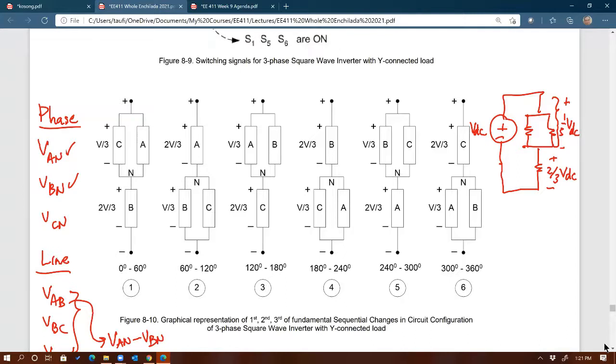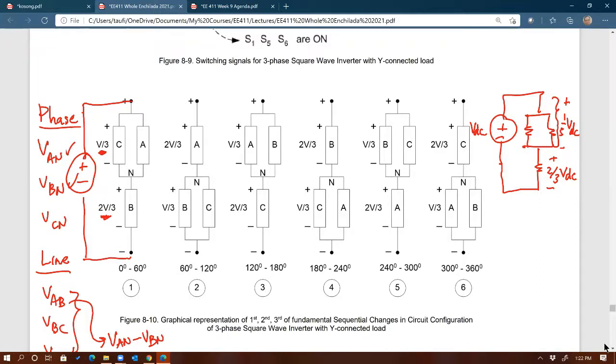So same thing here, you get plus VDC across all three, right? Plus VDC across here, and you can see the one in parallel, that should give you 1/3 of the VDC. That's why it's VDC/3. And then the one by itself should give you 2 times VDC/3. Make sense? But watch out for the polarity though.